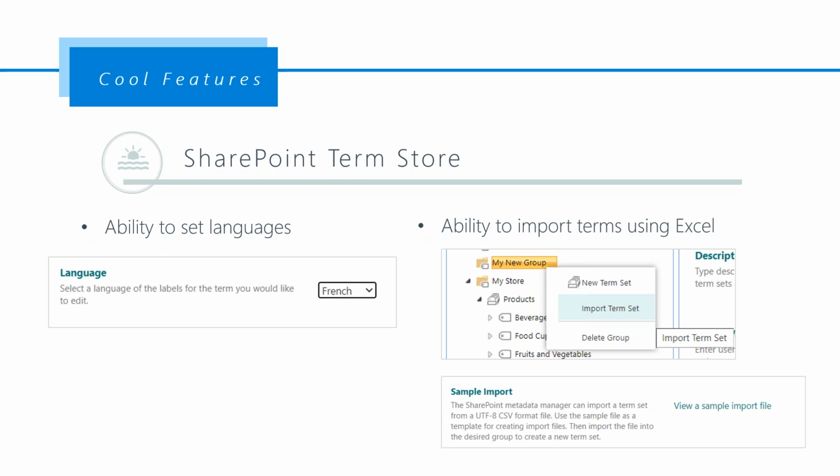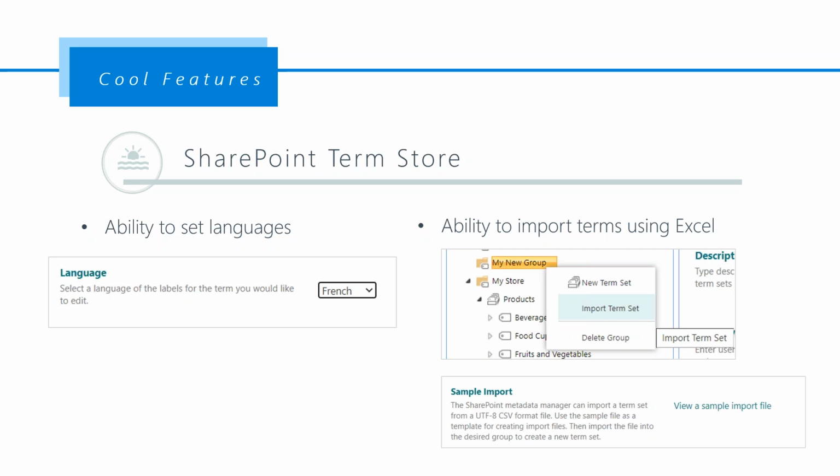And then it also has the ability to import terms using Excel. If you have just a handful of terms to add in the term store, then it's okay to add them manually. But if you have hundreds or thousands of terms to add, then it will be wise to use this option.